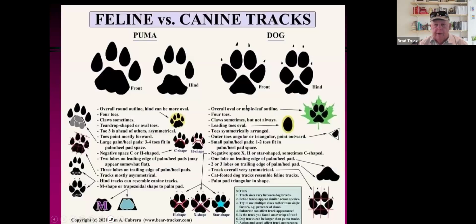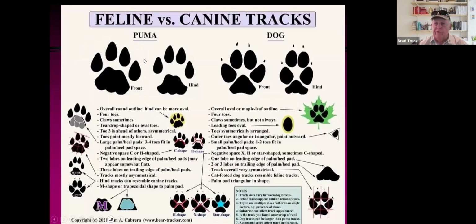One of the most common dilemmas that we have is trying to differentiate feline tracks from canine tracks. The feline tracks are over here. Now, we don't have any pumas here, but we do have domestic cats and we have bobcats. There are a couple key features that we see with feline tracks. First of all, we tend not to see the claws.